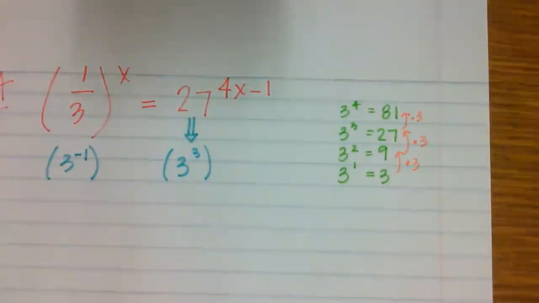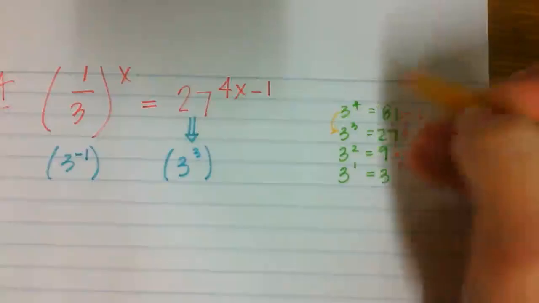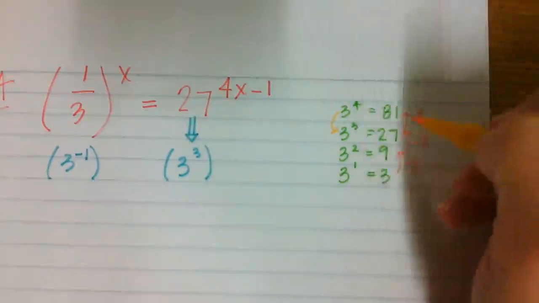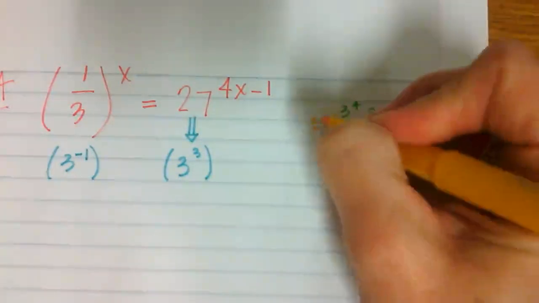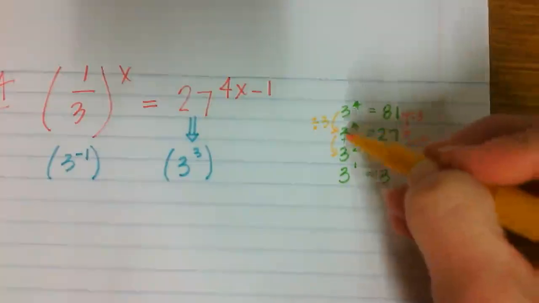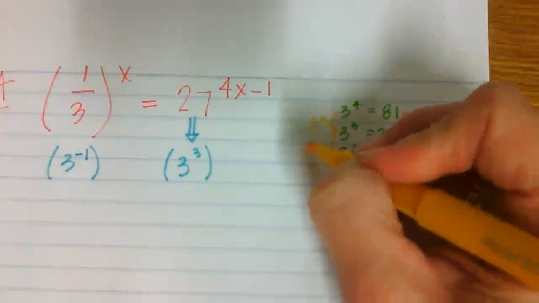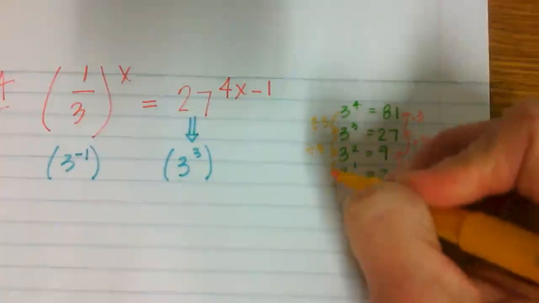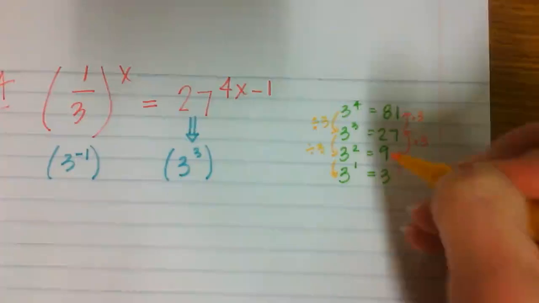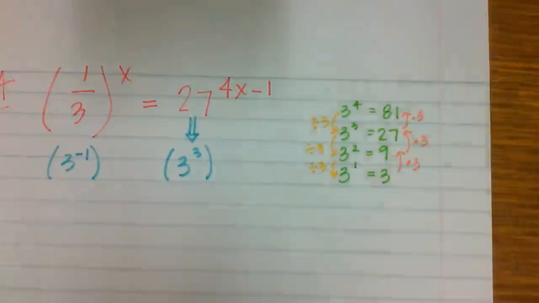So the reverse and opposite should happen, meaning that if our exponent gets smaller, then we must be dividing by 3. So if our exponent gets smaller, we divide by 3 to get 9. And then our exponent goes down, so we divide. 9 divided by 3 equals 3.